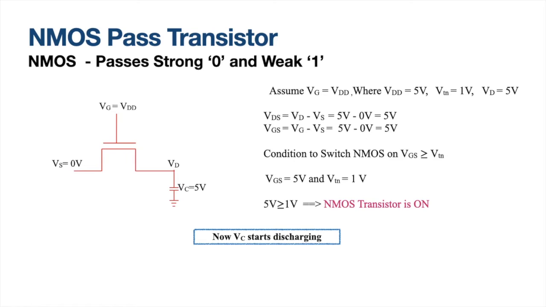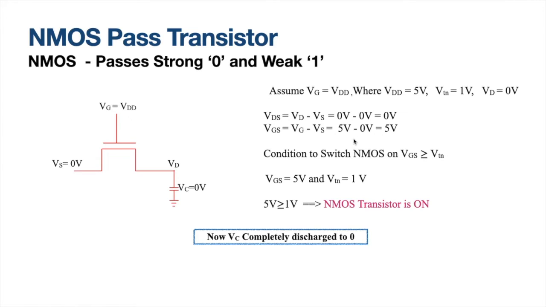When it switches on, this capacitor should start discharging, obviously, because it has reached the maximum volt. Let us assume it has started discharging and reached 0 volt at one point of time. Right now, with the same assumption, Vg equal to Vdd, Vdd equal to 5 volt, threshold voltage equal to 1 volt, and now Vd has become 0 volts.